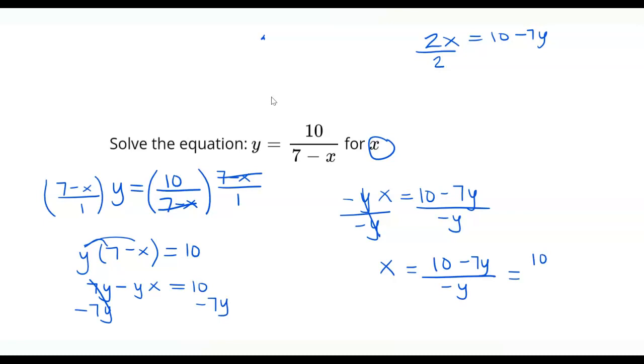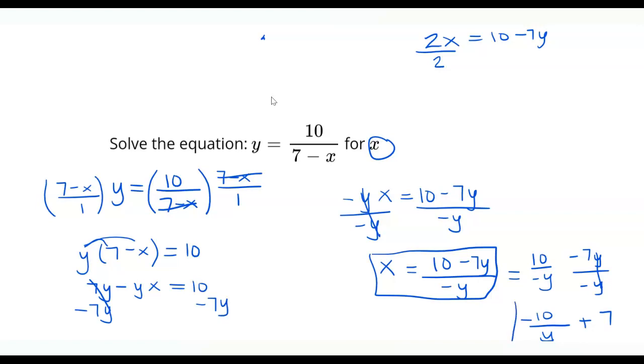So 10 over negative y minus 7y over negative y, which we could simplify to negative 10 over y, and then plus, those two would cancel, so negative divided by negative is positive, so it would just be 10 over 7. Oh, oops, this y got cut off, but that is a y. And so either of these answers I would accept on the exam, but it's just good to make sure you know how to get to both of those.